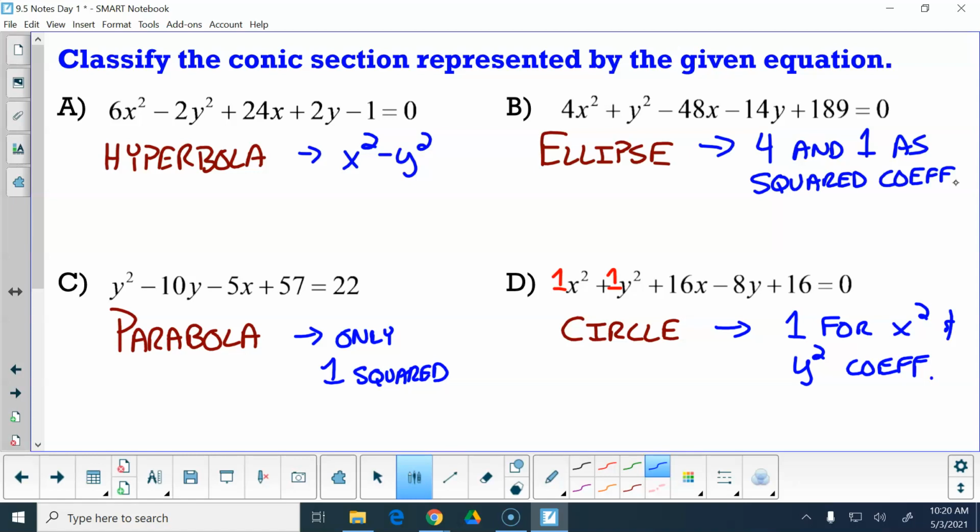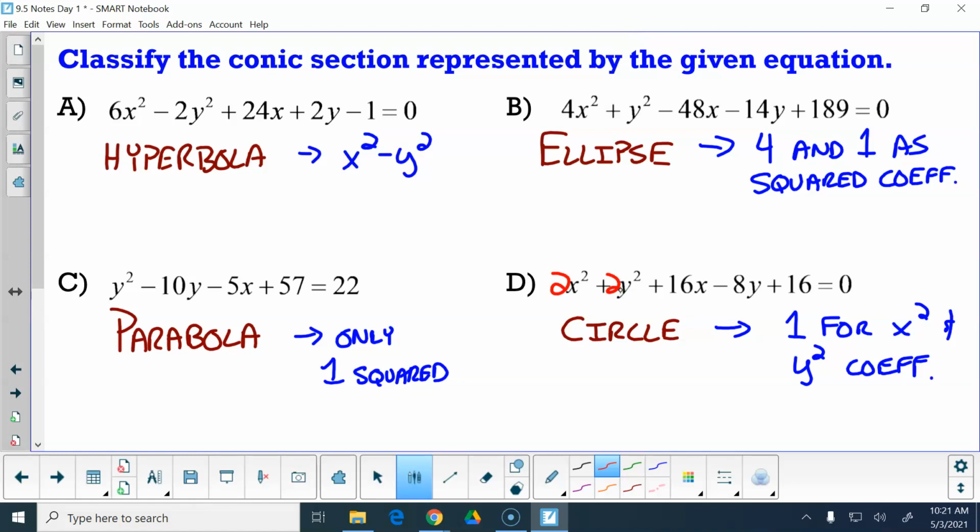Because I could have written this one down here. I could have made this be, where's my eraser? There's my eraser. I could have put a different number, and that's still a circle because they're the same. But then the ellipse is 2 different numbers for the coefficient.